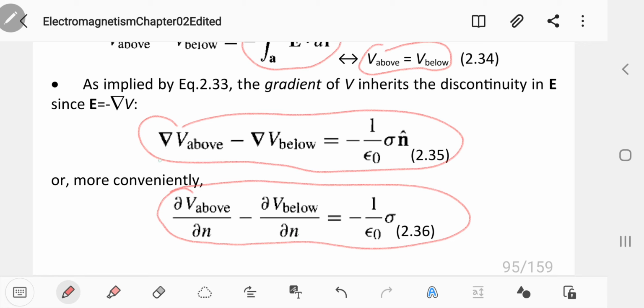You can simplify the del because it's not anymore three-dimensional. It's just on the normal of the surface. The direction involved is on the normal of the surface. So you can simplify this one into this one here.